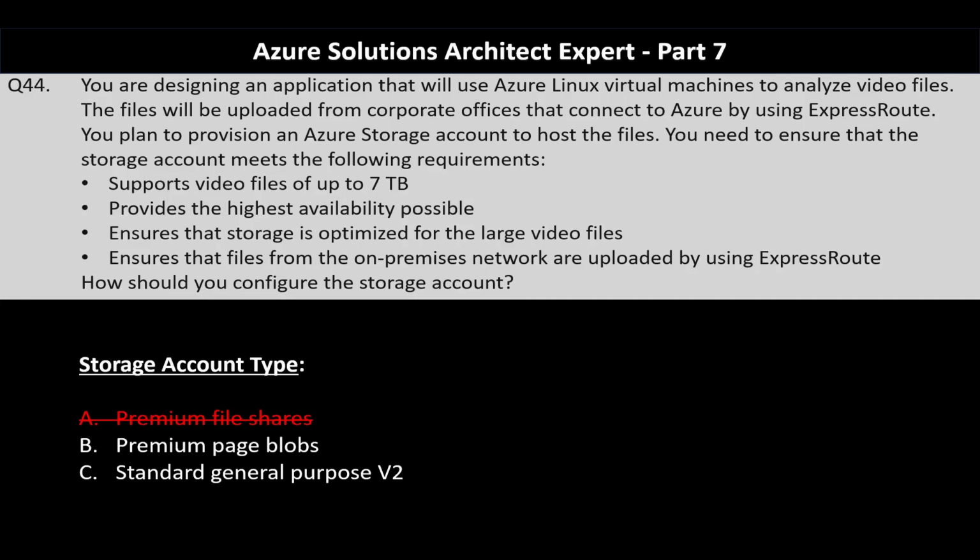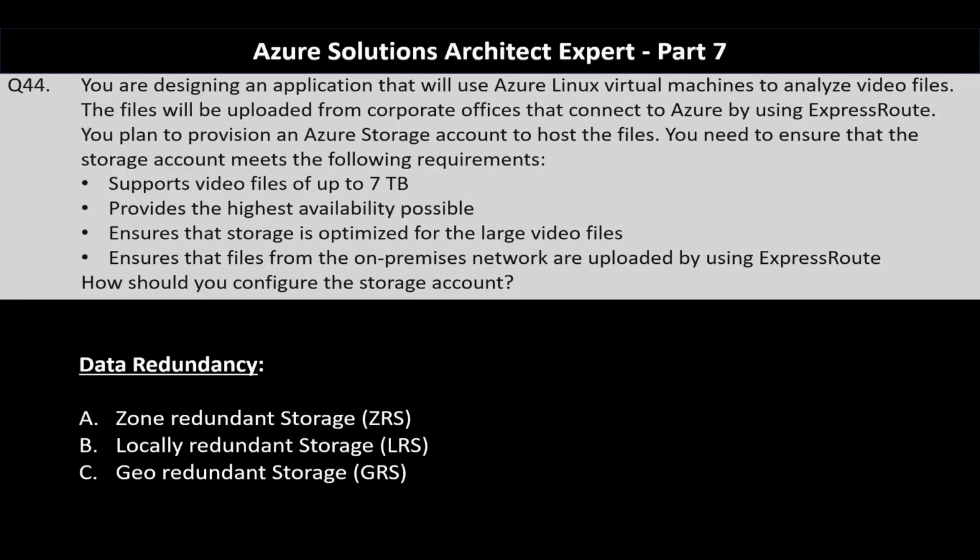Now friends, the question specifically focuses on providing the highest availability possible. So you will have to go with general purpose V2 storage, as premium page blobs do not support GRS. And the next part of the question talks about the type of data redundancy that you'll have to choose.